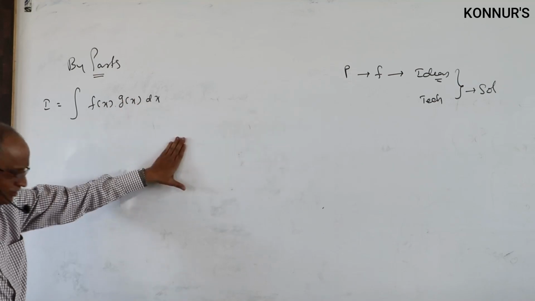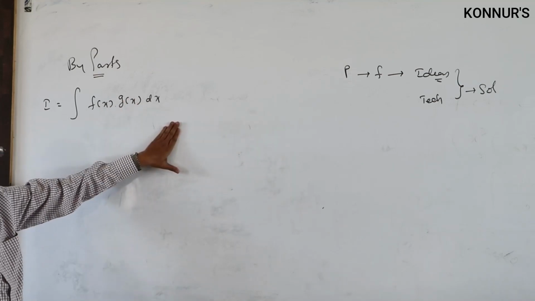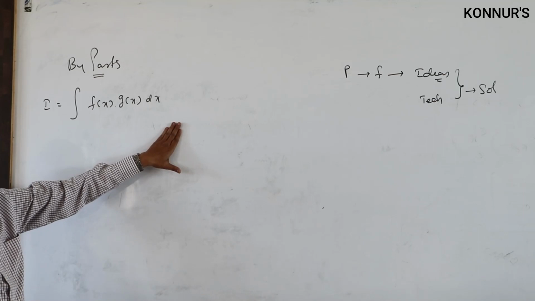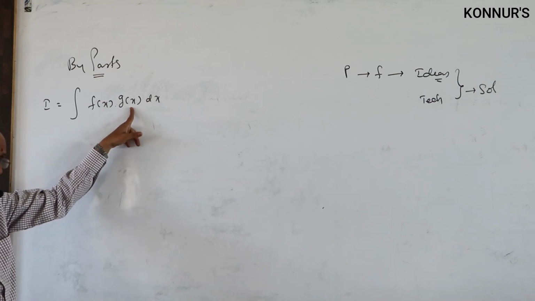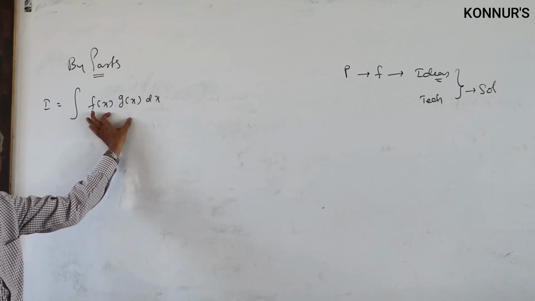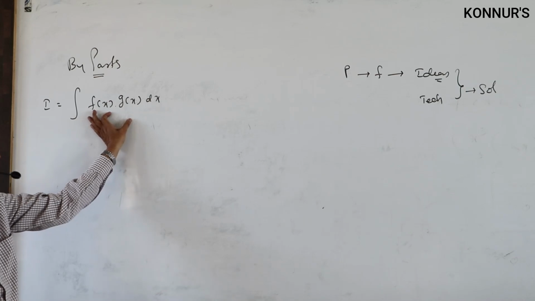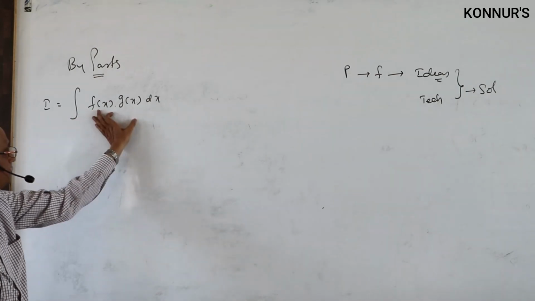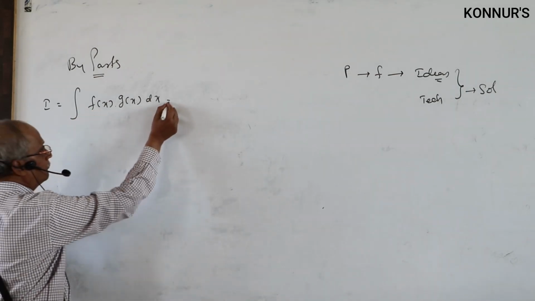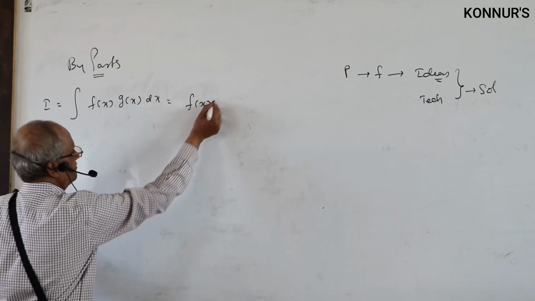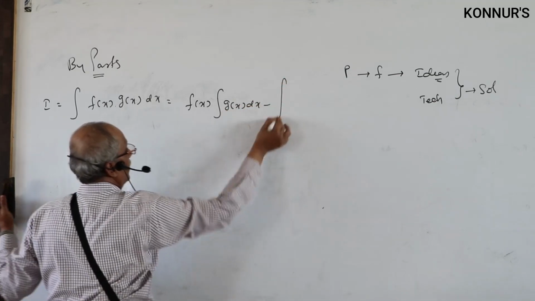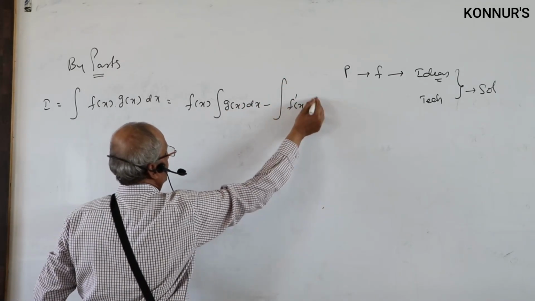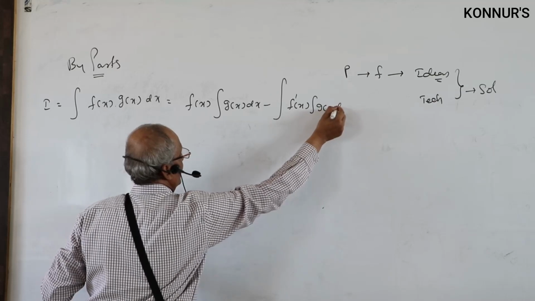The product exists, means it is meaningful and also differentiable, otherwise the problem does not exist. f of x is differentiable, g of x is differentiable, such that the product is differentiable. Then only can we integrate the product of two functions. The rule is: f of x multiplied by the integral of g of x, minus the integral of f dash x multiplied by the integral of g x dx.